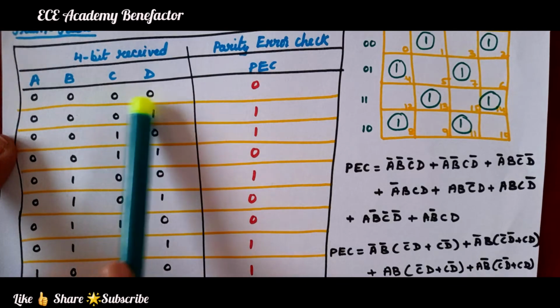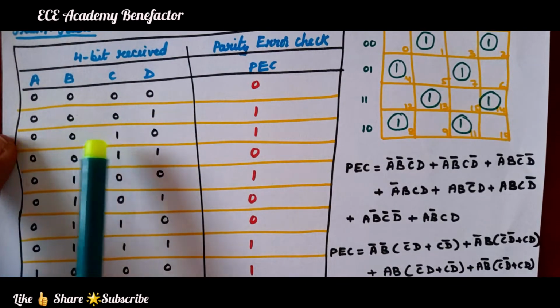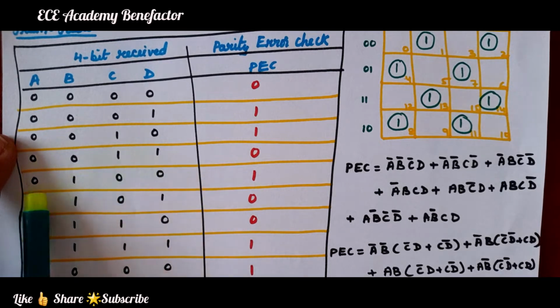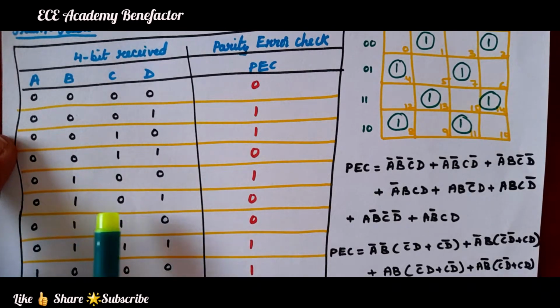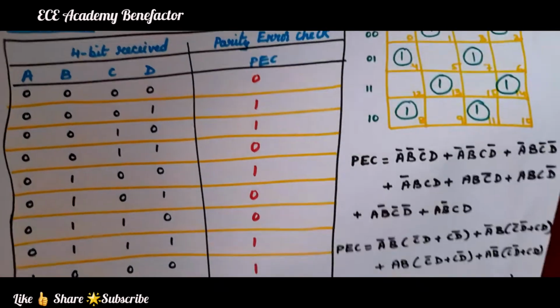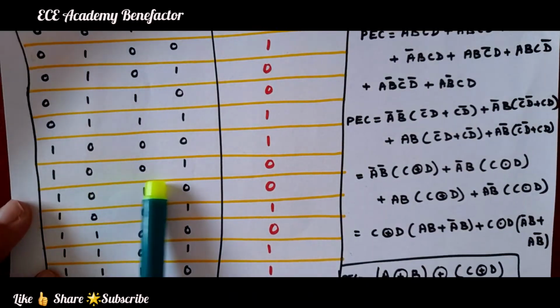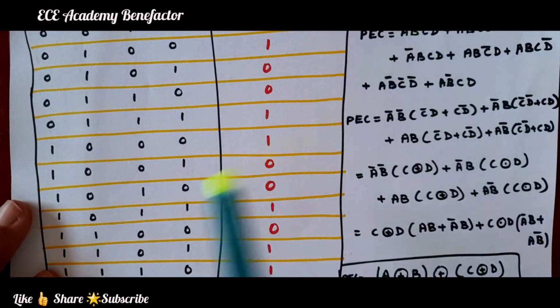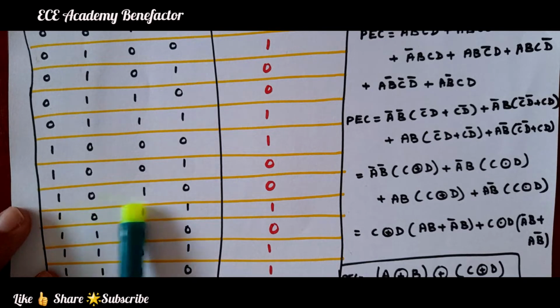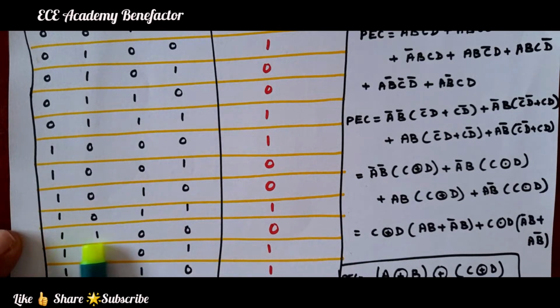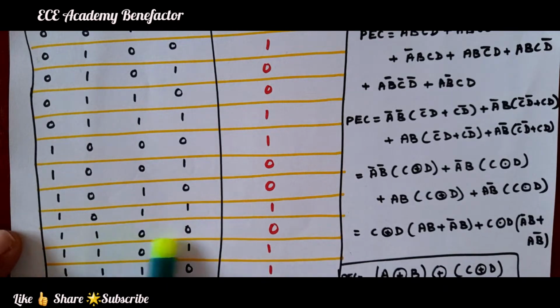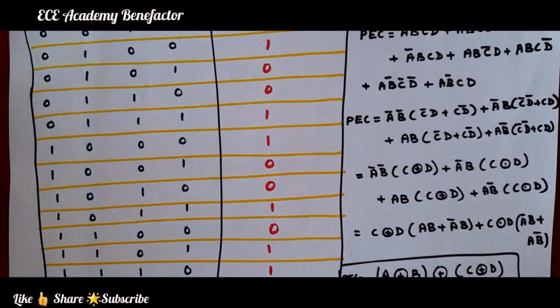So, how it is written? 0000, 0001, 0010, 0011, 0100, 0101, 0110, 0111, 1000, 1001, 1010, 1011, 1100, 1101, 1110 and 1111.